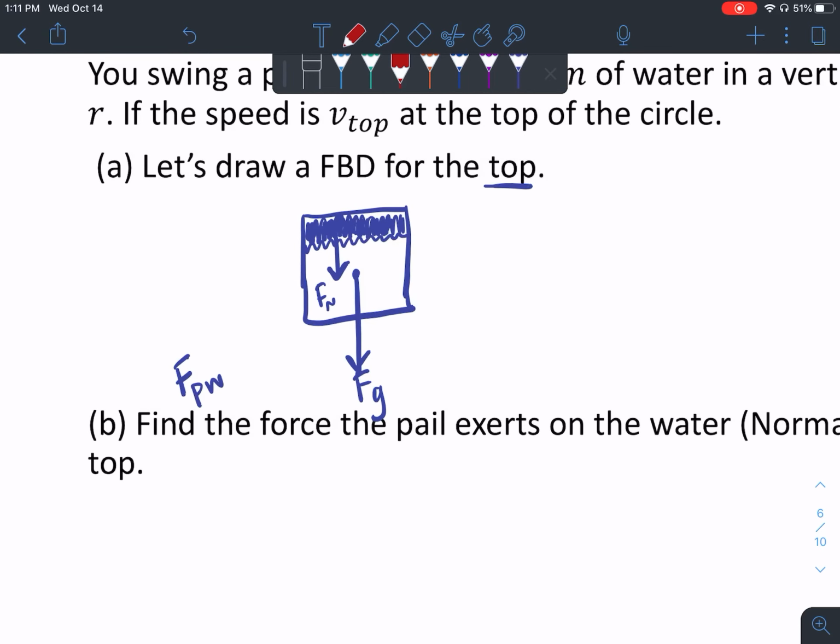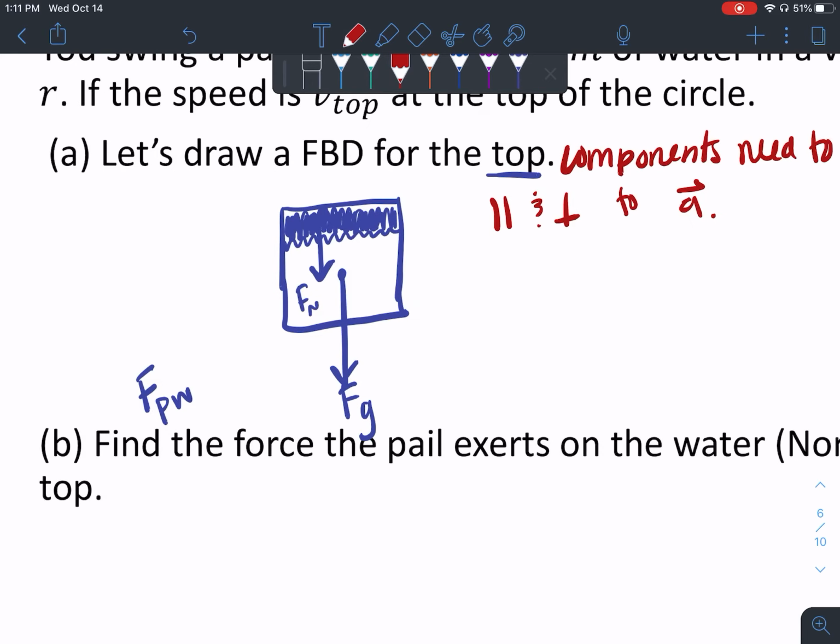Before we're done with this, we always want to ask, do we need components? A reminder that your components need to be parallel and perpendicular to your acceleration vector. So the question becomes, where's the acceleration vector here? You have to think about the path of motion. We know we're going in a circle.